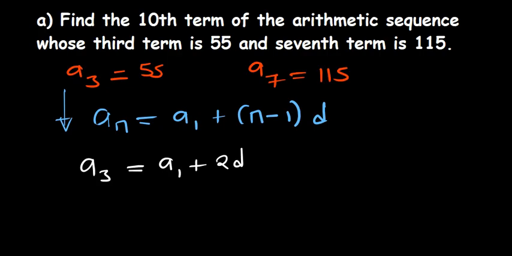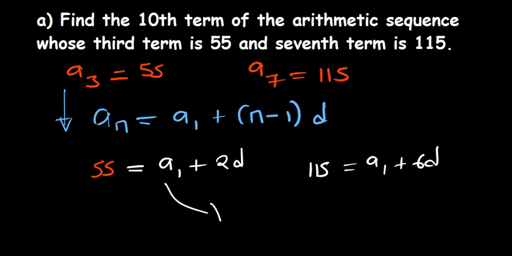On the other hand, for the 7th term, it's going to be the first term as well, plus 7 minus 1, which gives us 6d. So we know the third term is 55. We know the 7th term is 115. Okay, so these are simultaneous equations which we can actually solve.